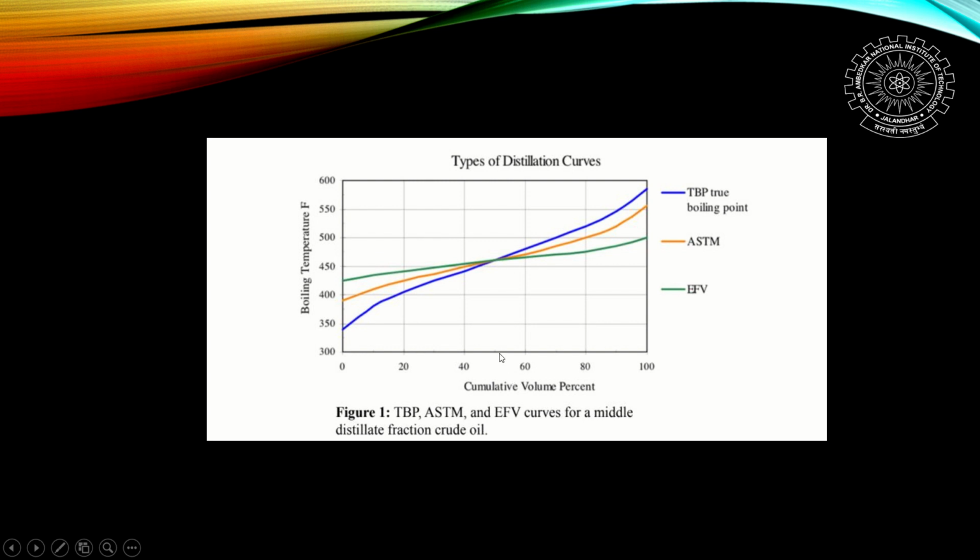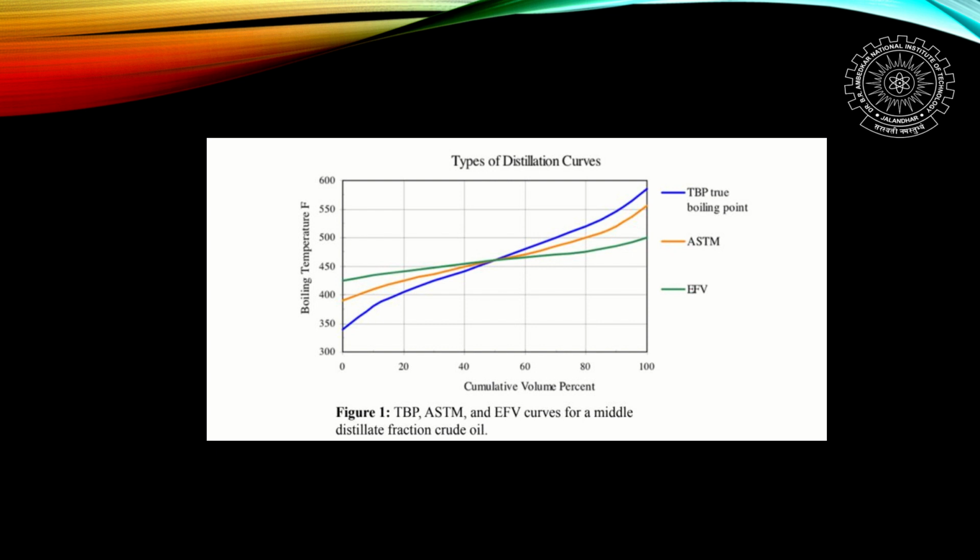We'll note that down, and then we'll keep going and note the temperature when 90% of the mixture has been evaporated, which will be around 550 or 560 degrees. And finally, when all the mixture has been evaporated, that is 100%, the temperature will be around 580 degrees Fahrenheit. All these temperatures that I have noted down will be the true boiling points.